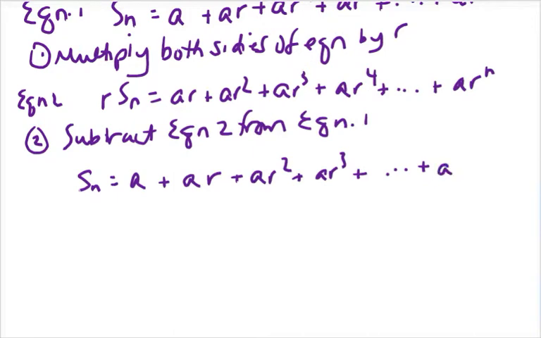So here's equation 1. And I want to subtract equation 2 from equation 1. So I'm going to subtract R Sn, and I'm going to line up the terms here so that you'll see what's going to happen.